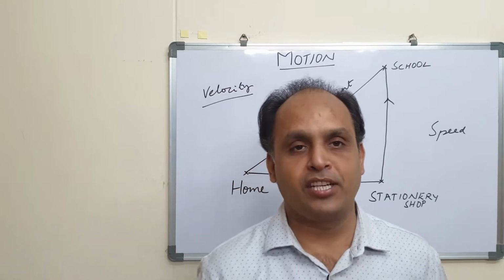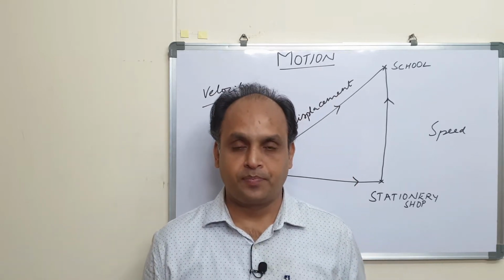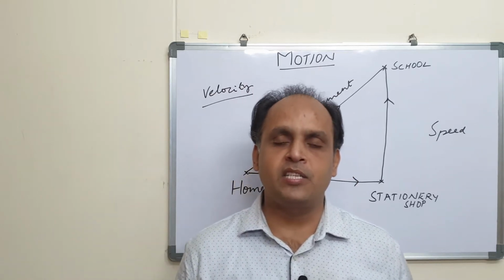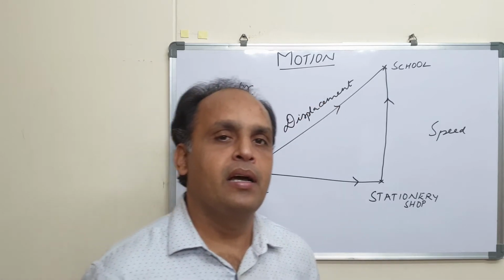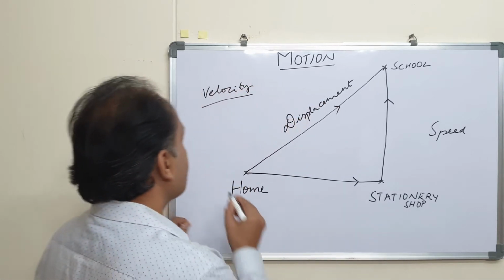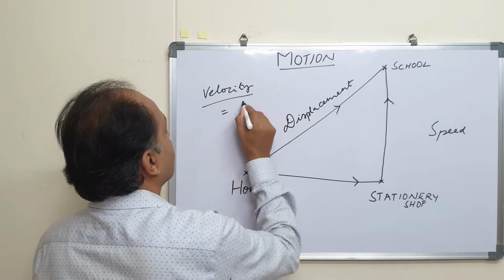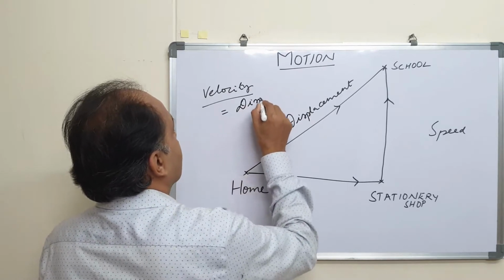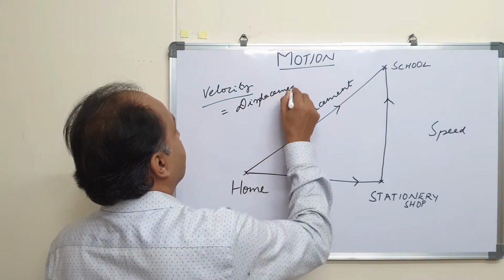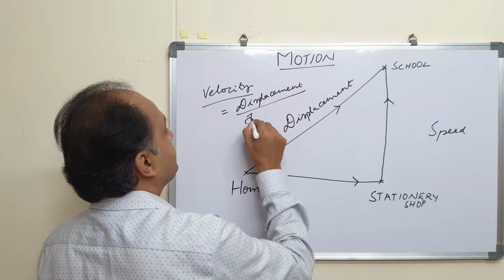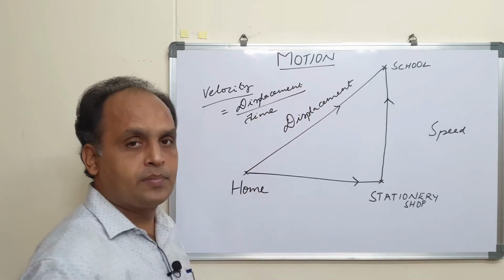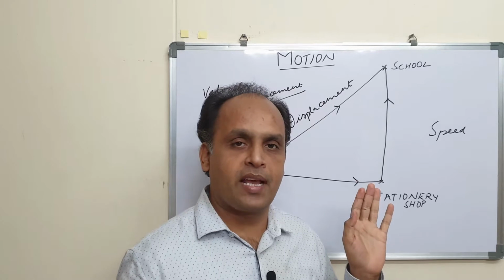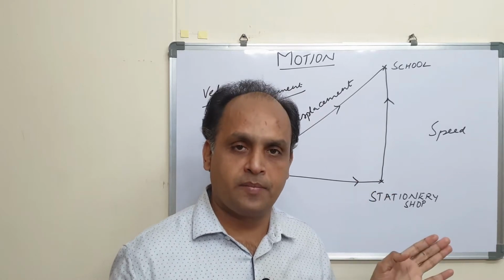So speed with direction is what we call as velocity. That means it is the displacement of a body in some time. So velocity is equal to displacement of the body in some time. So displacement by time is the expression of velocity.